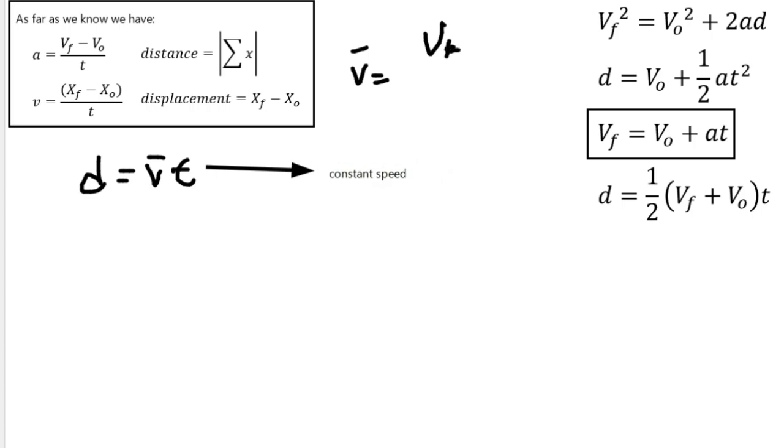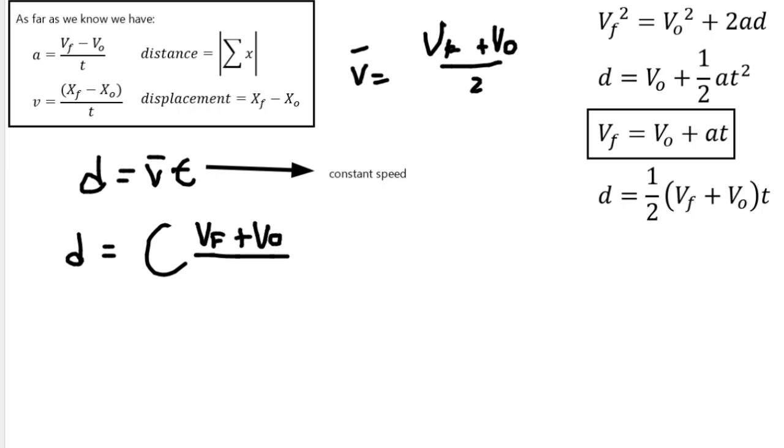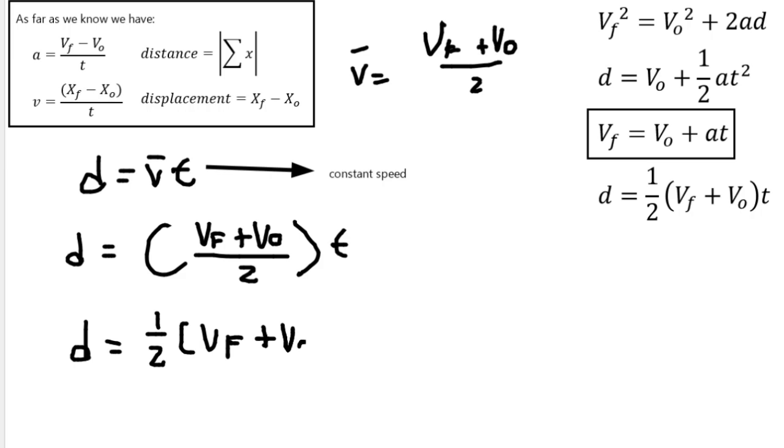The V bar is just the average velocity, so the average is going to be this thing. We can replace the V bar with this, factoring out the 1/2, so we get this. That is how to derive that equation.